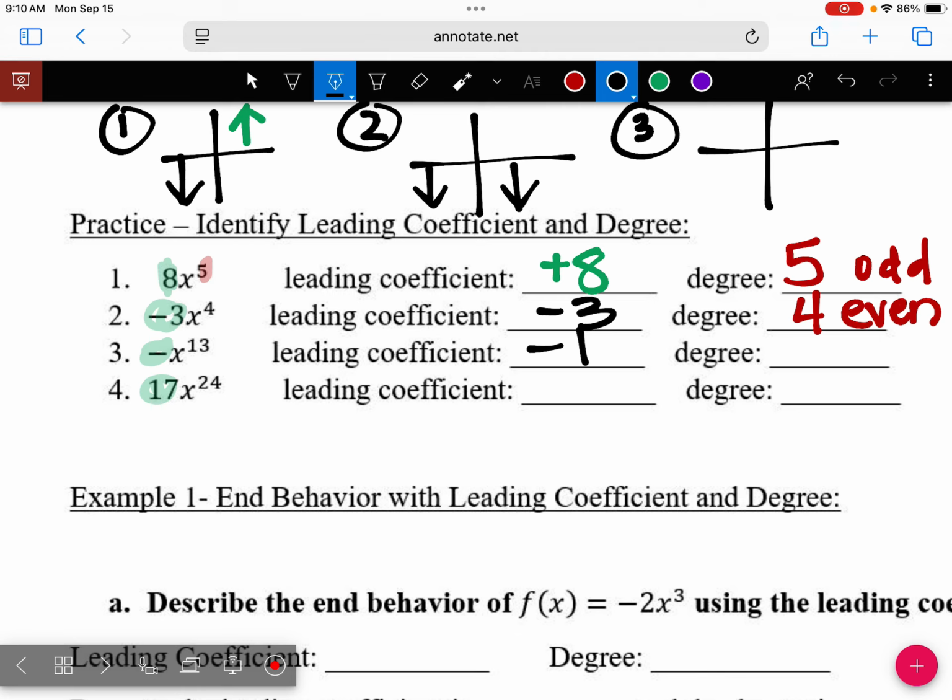Negative goes down on the right. Now my degree is 13. Is 13 an even number or an odd number? Odd. Because it's odd, the left side will do the opposite. And the opposite would be to go up.